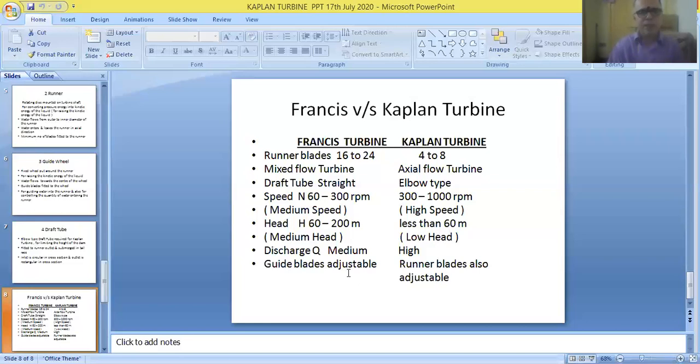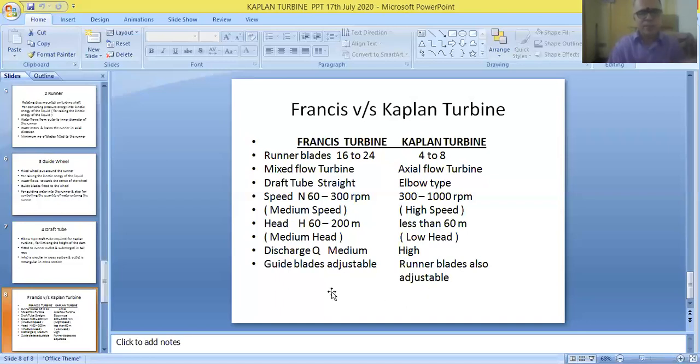And the Francis turbine will be using water in moderate quantities. KAPLAN turbines will be using water in large quantities, and ultimately, the guide blades of the Francis turbine are adjustable, but whereas in the case of the KAPLAN turbine, runner blades are also adjustable.